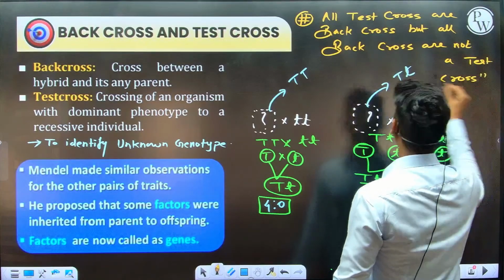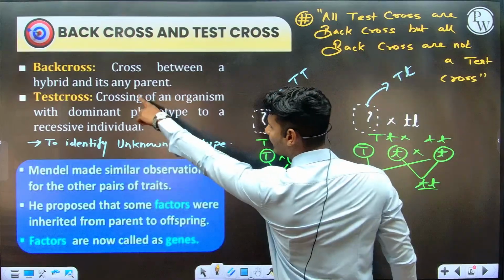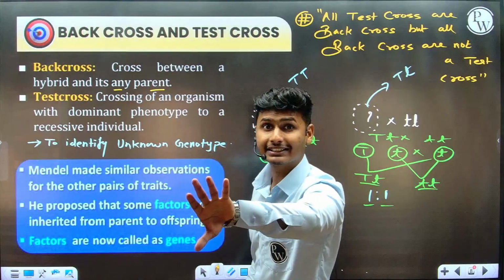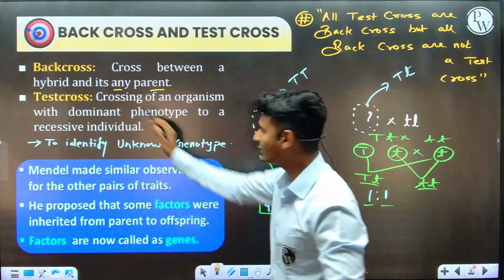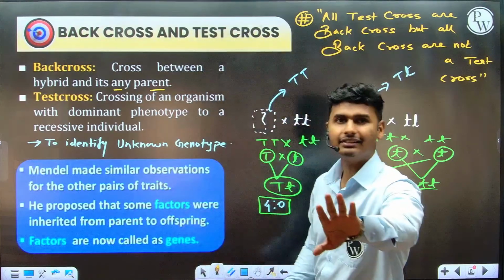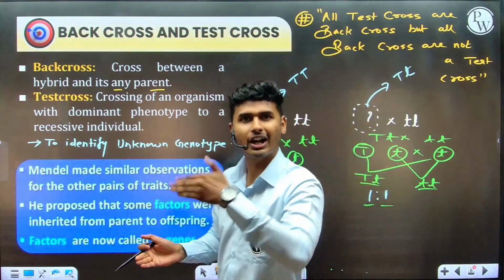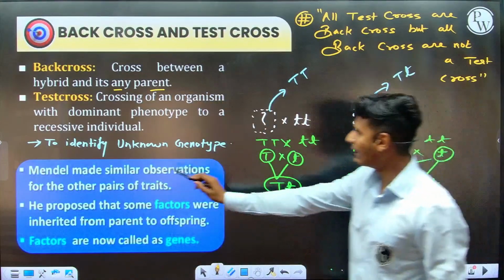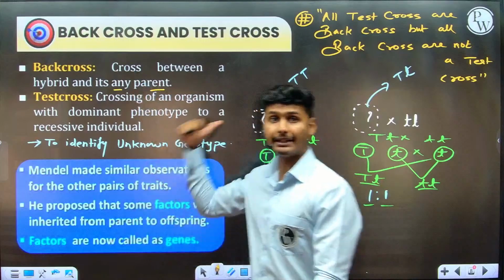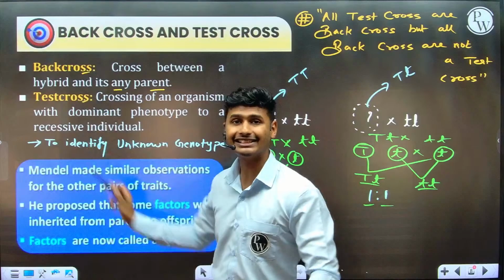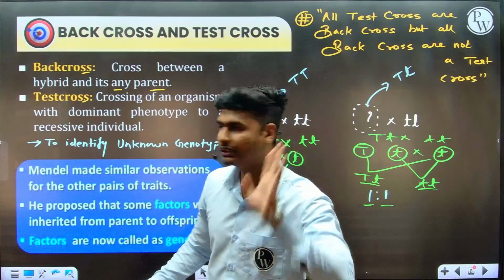And this is a very crucial statement, because they are saying any of the parents, including the dominant parent as well as the recessive parent, and in a test cross we are crossing it with only the recessive parent. So all test cross are back cross, but all back cross are not test cross. One statement, and another statement: to identify unknown genotype. Those two statements are very important as we are talking about back cross and test cross. I hope you understood this topic.